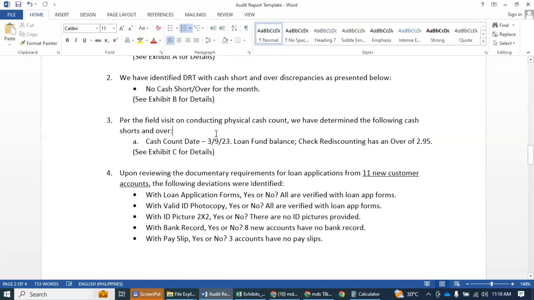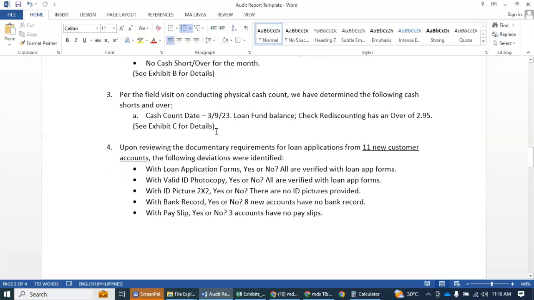Okay, the third is we visit the field and do the physical count, and we have the format to determine if there is a cash short or cash over. Like this one, then we put the details here: what particular cash fund is being reviewed or cash counted.